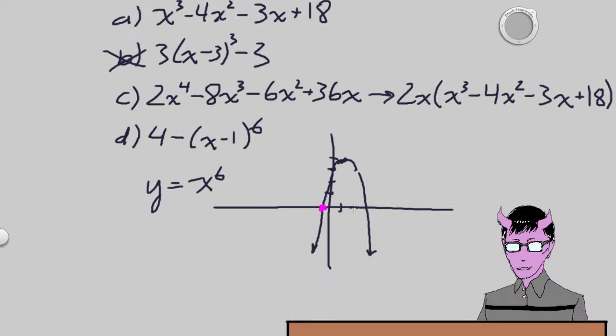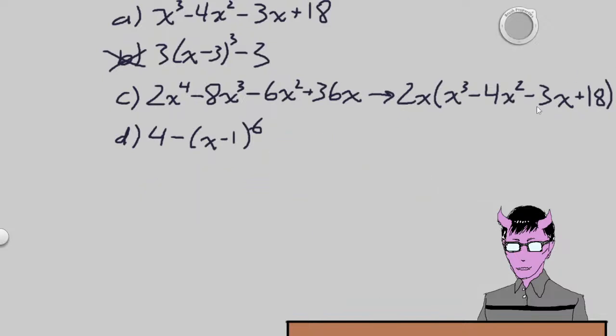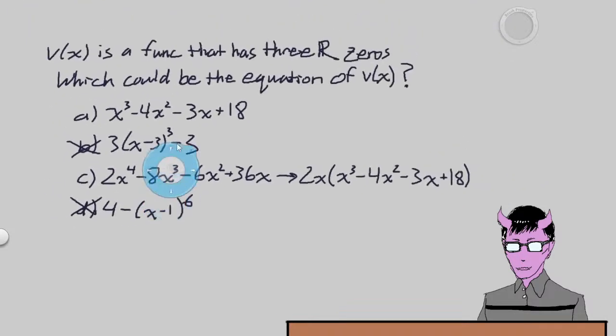If you trust my graphing, it only has 2 real solutions. So D only has 2 real solutions. They're not even repeated. So from graphing, a quick sketch of the graph for D, we can determine that this is not going to be the answer. So we only have 2 real options. We have option A, and then we have option C for 3 real zeros.